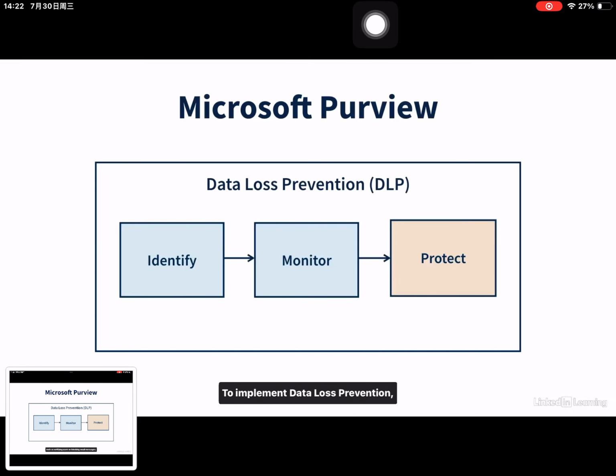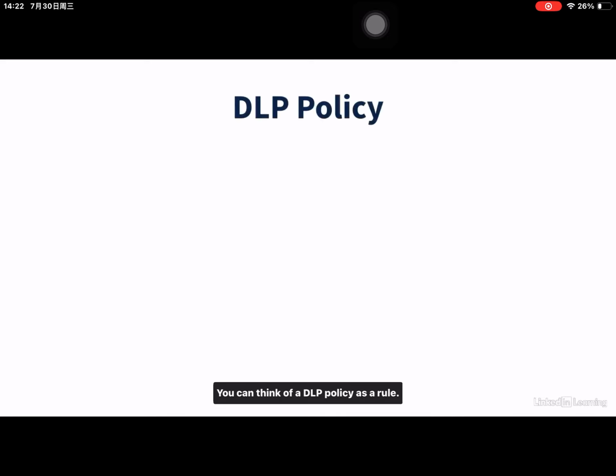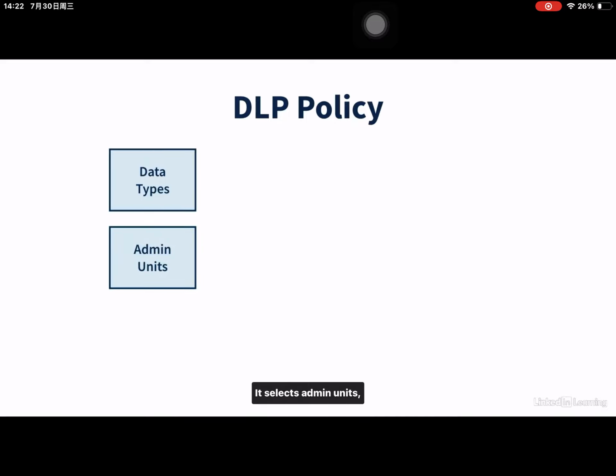To implement data loss prevention, you need to create and apply DLP policies. You can think of a DLP policy as a rule. It specifies what data types need to be monitored, for example, financial data or health data. It selects admin units, including users and groups, to apply the policy.